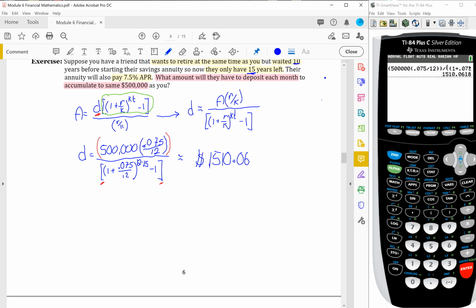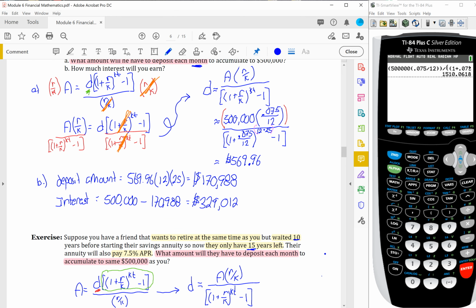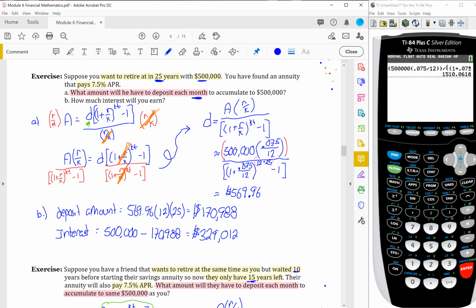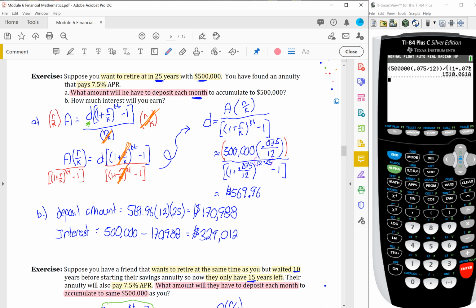And if I round that to the nearest penny, 6 cents. Now let's take a moment to compare to our last example. In our last example, you were going to save for 25 years. And for 25 years, if you want to get $500,000, you ended up having to save or deposit $569 every month.